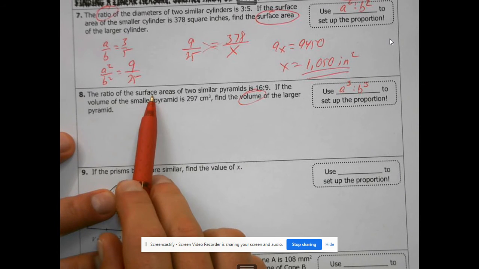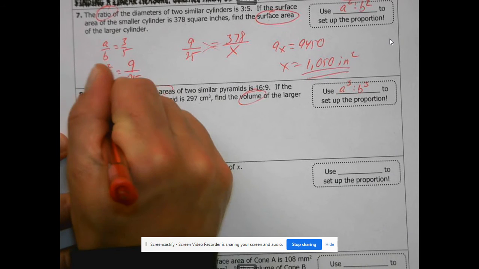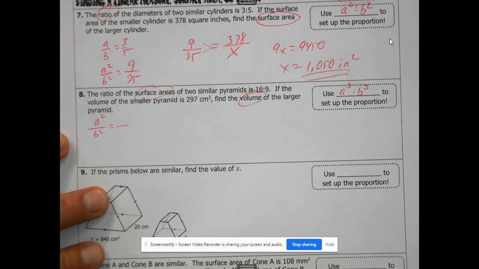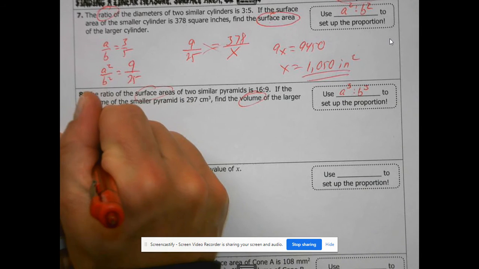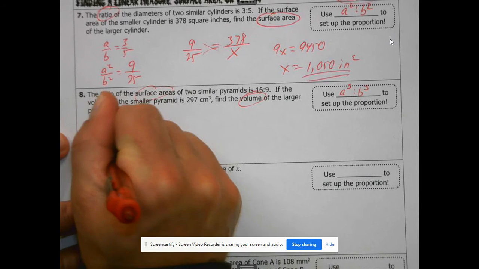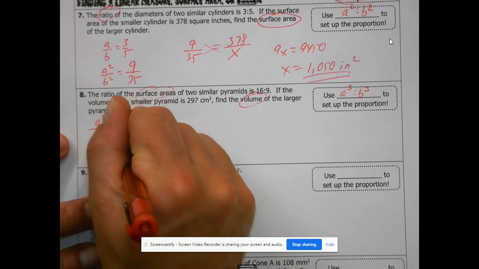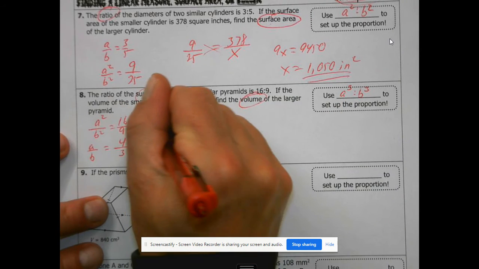What are we given? We are given the surface area. I'm given the A squared to B squared, which is 16 to 9. Okay? A to B. Remember, I square root to go back. Square root 16 is 4. Square root 9 is 3. I'm going to use A cubed, B cubed.